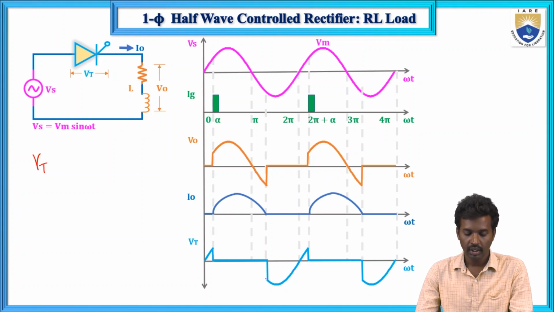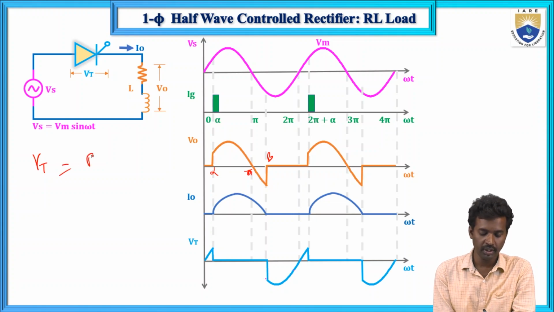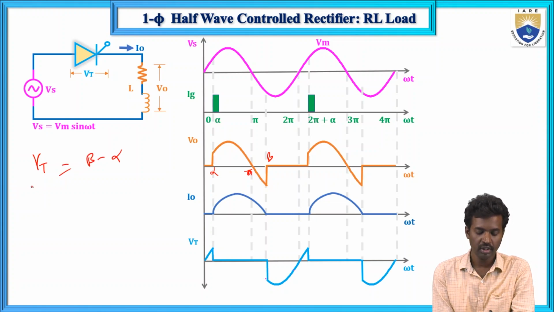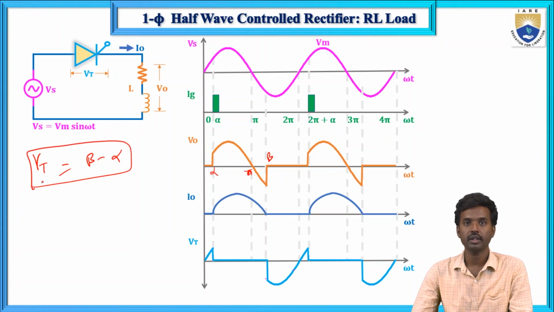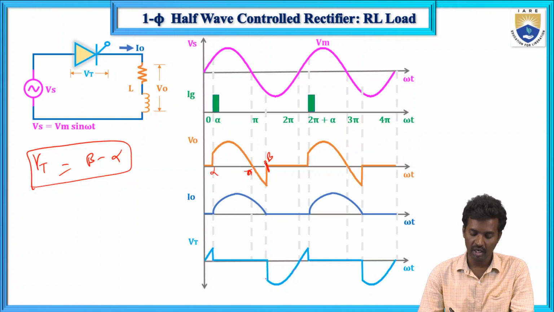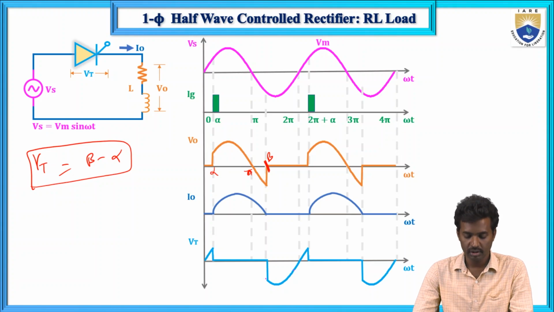Here it conducts from alpha to pi for a pure resistive load, but here it is conducting up to beta. So beta minus alpha is the thyristor conduction angle, that means the conduction angle of SCR. And the extinction angle is beta, the angle up to which it is conducting.